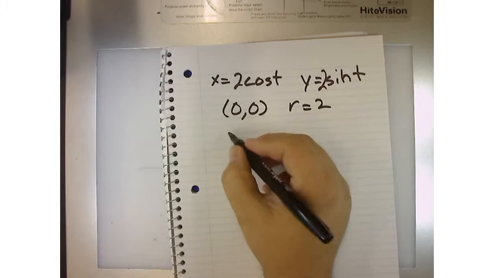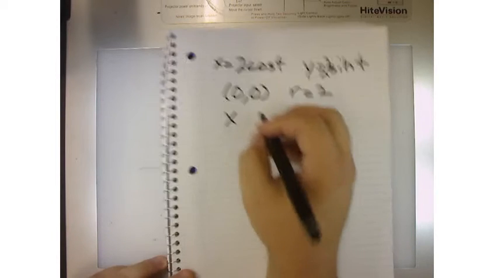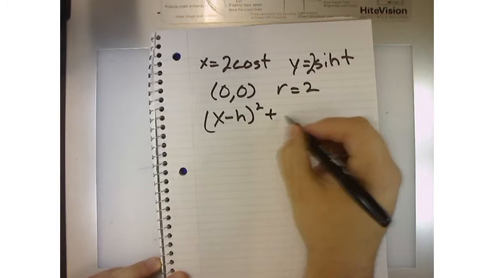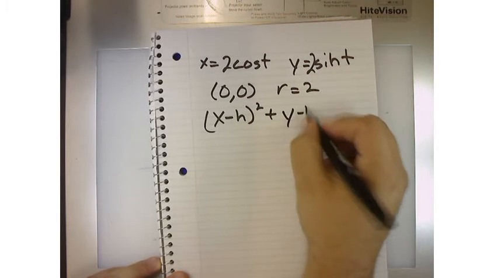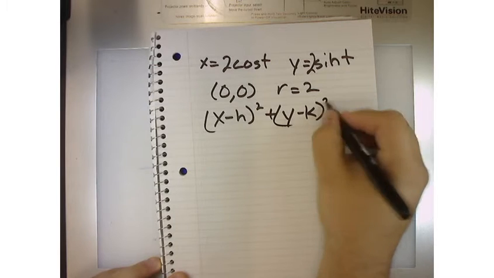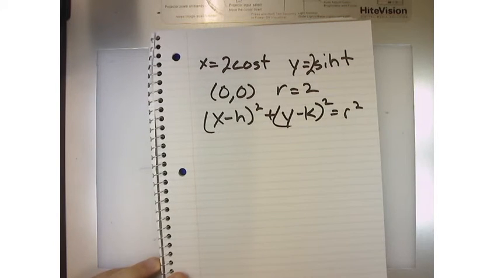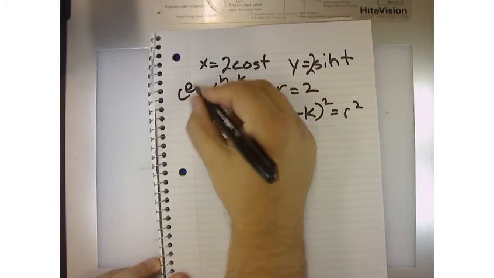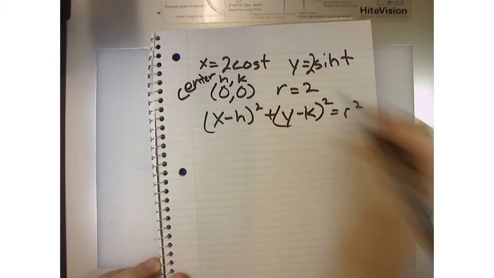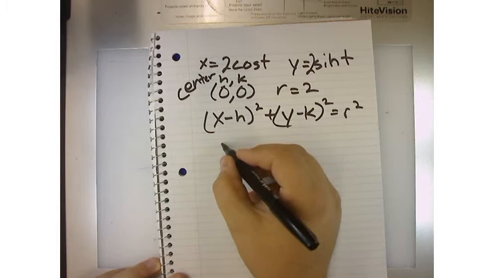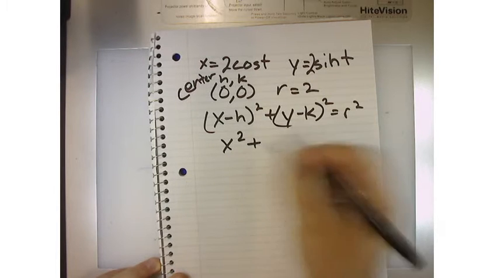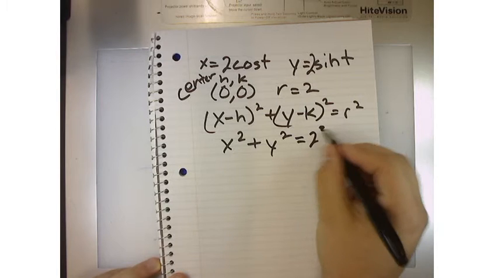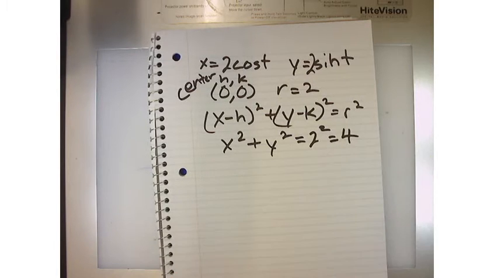So normally we would say x minus h squared plus y minus k squared is equal to r squared. Remember that the center of the circle is my h comma k. So if I plug that in, I should get for my Cartesian plane x squared plus y squared equals 2 squared or 4.